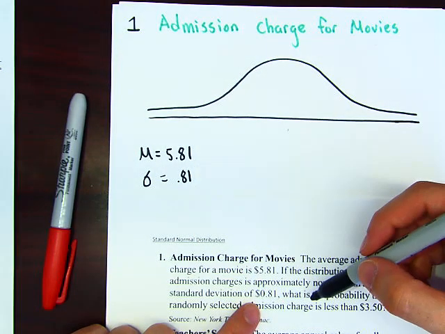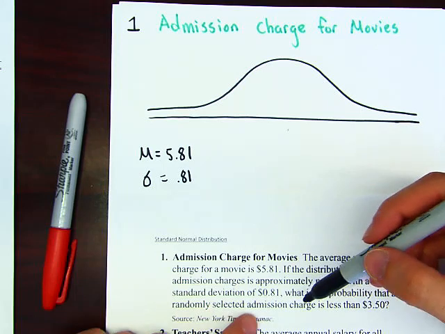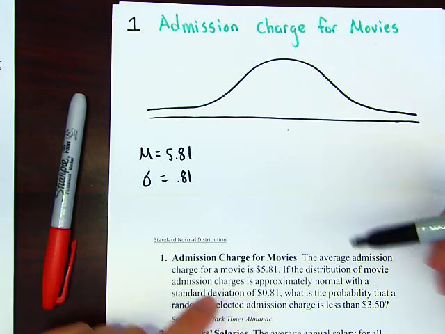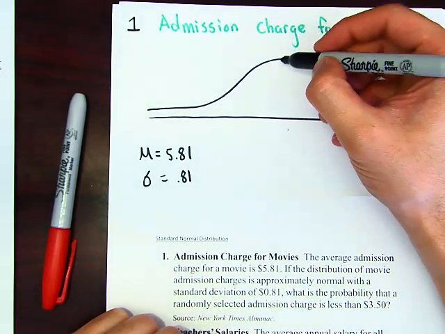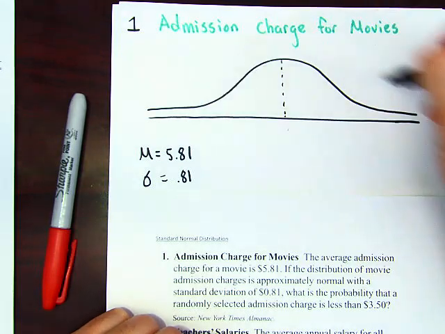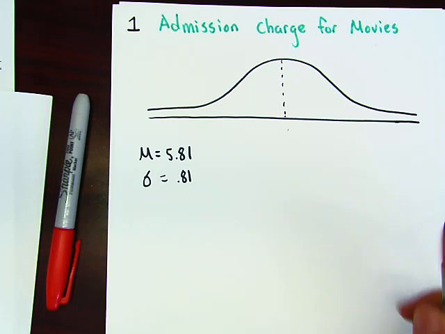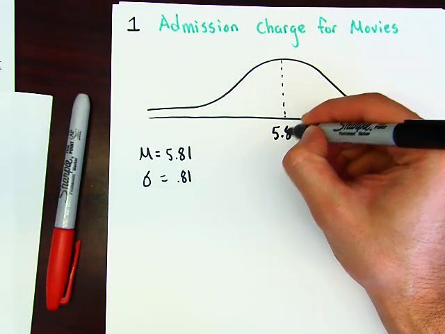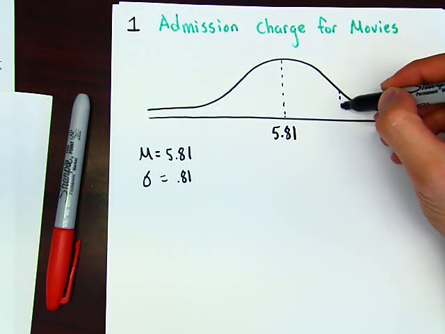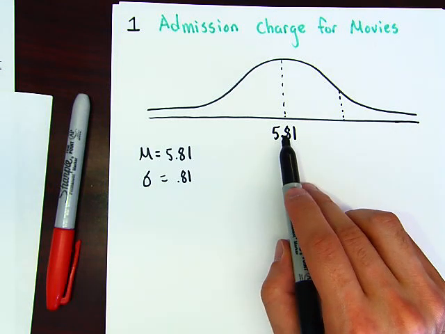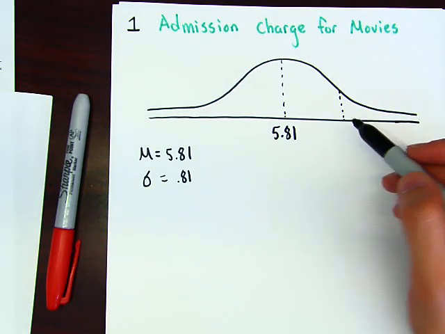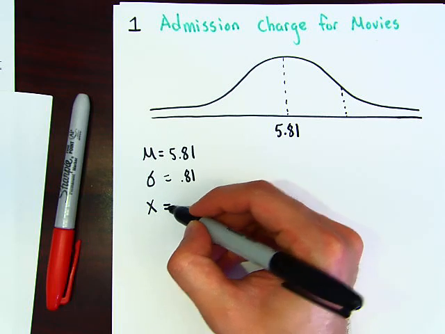Now it says, what is the probability that a randomly selected admission charge is less than $3.50? So let's draw our normal distribution and mark off the center. Our center is $5.81. What happens if we go one standard deviation to the, well, actually, we don't even need to go to the right, because what's the x value here?